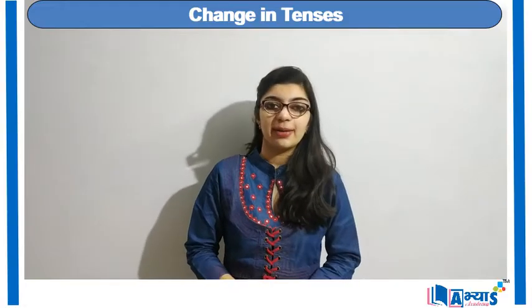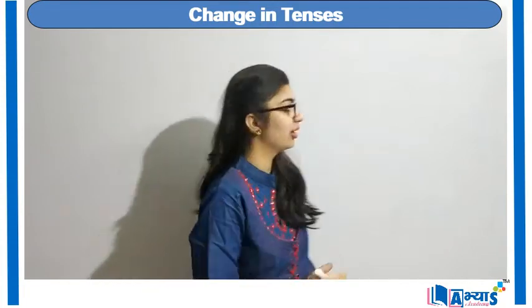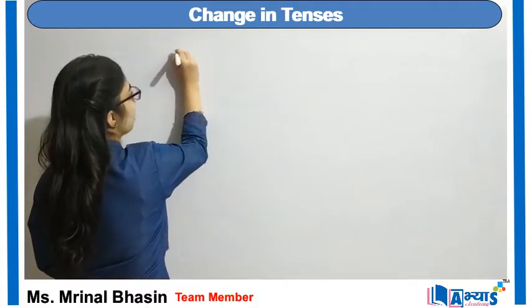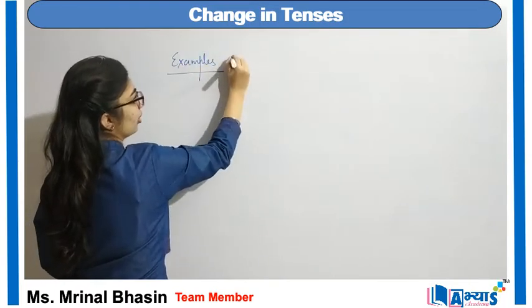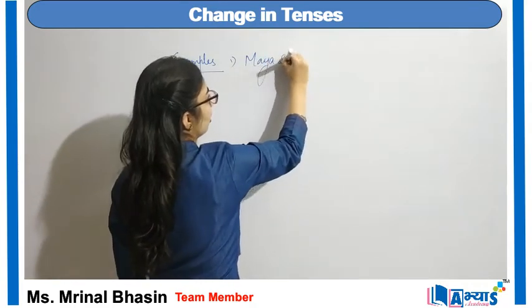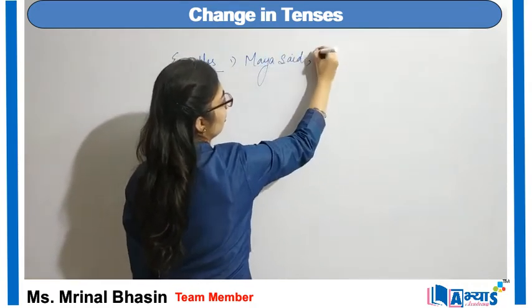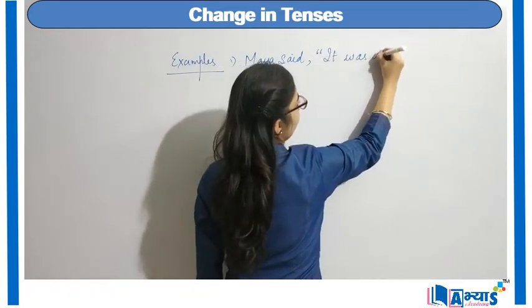Some other examples of conversion of direct speech into indirect can be, Maya said, it was raining.